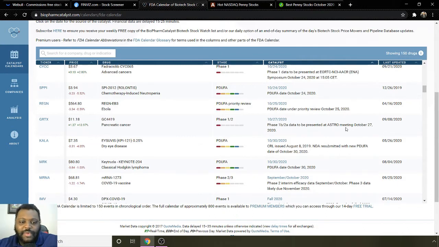Very good information if you like to trade pharmaceuticals, and definitely good updates on when stocks are trading. You can sort of get this information before they actually publish it in an article. Really good information.